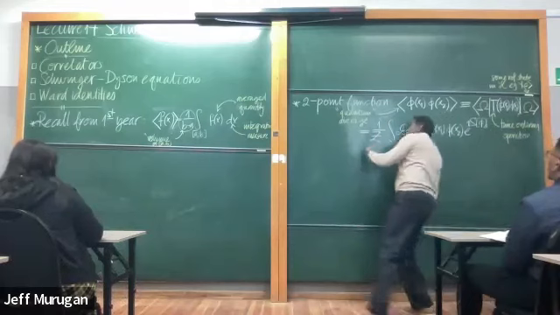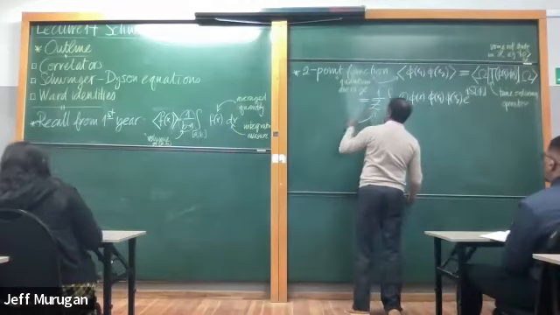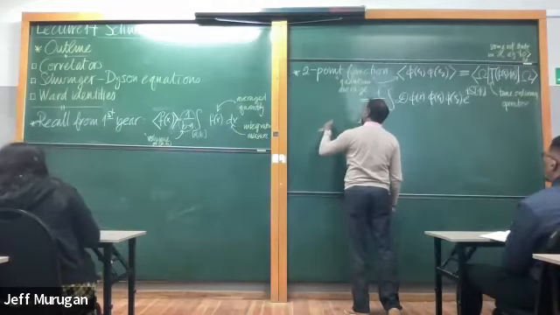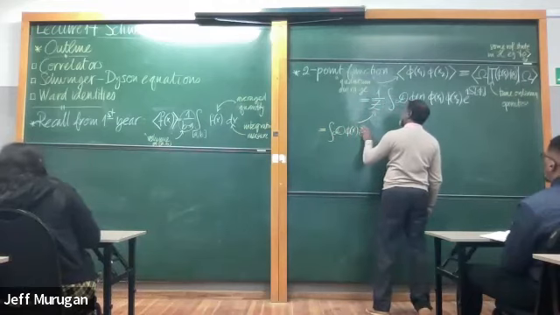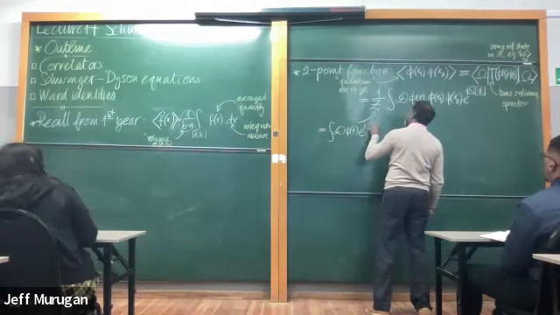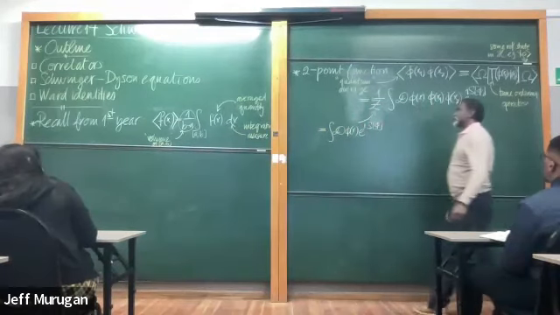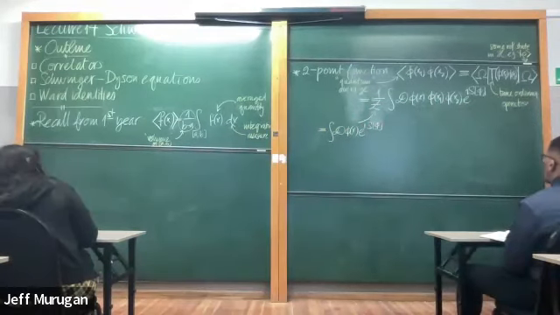This guy here, the denominator, is the normalization function, which you can think of as the volume of the subset of the space that we're working with.